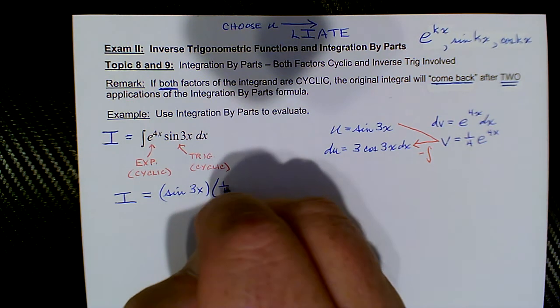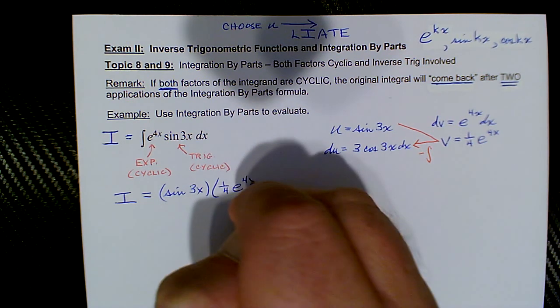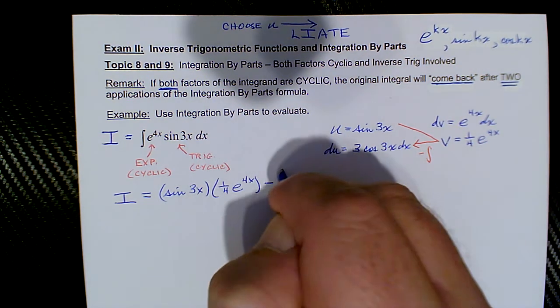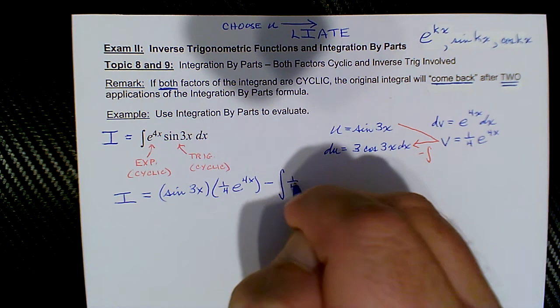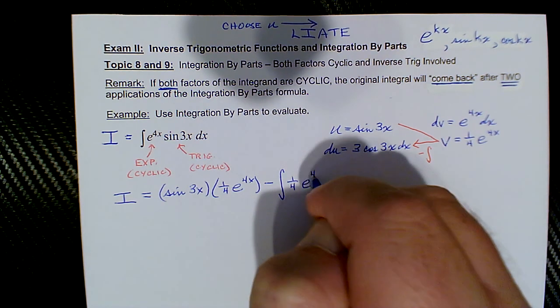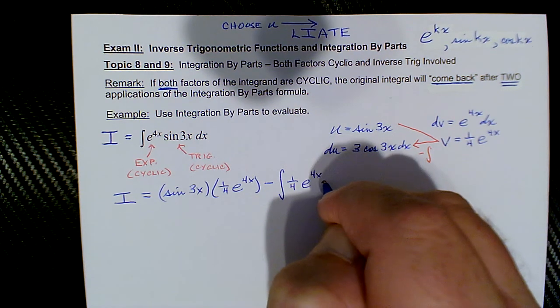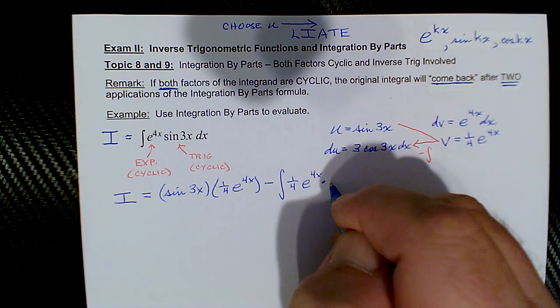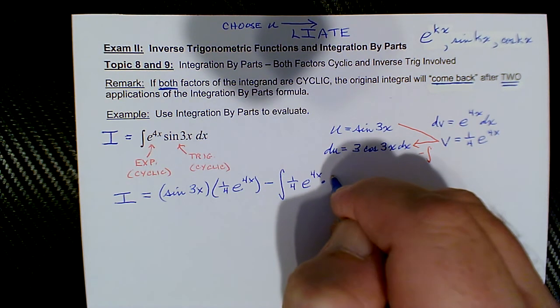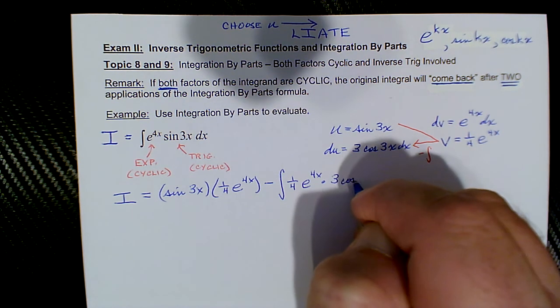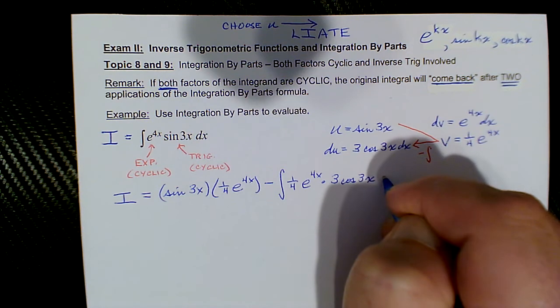Alright, now we'll take a step and clean things up a little bit. So this integral I is equal to, put the coefficient first. Remember, product of exponentials and trigs, we prefer them in that order. Exponential factor first, trigonometric factor second.